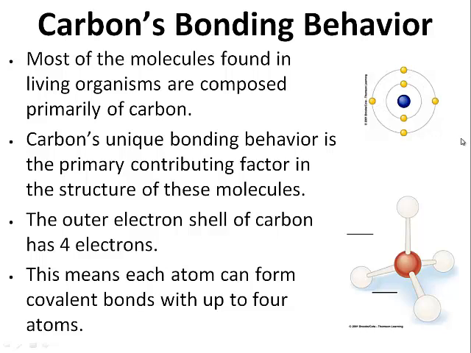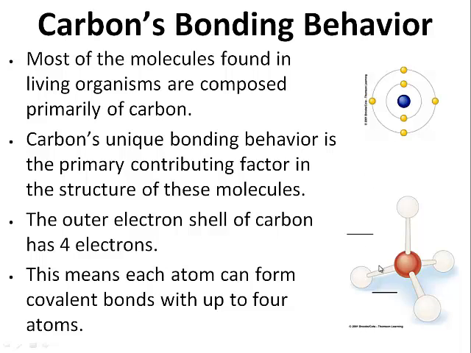Furthermore, at this point, we remember that in order to be content, carbon wants to have a full outer shell of electrons, and so that means that it will go and share electrons, forming covalent bonds with 4 partners. And so when it forms those covalent bonds, as you remember from our previous discussion, it ends up with a total of 8 electrons in its outer shell because it counts the electrons that it's sharing as its own, although it's actually sharing them with other atoms.